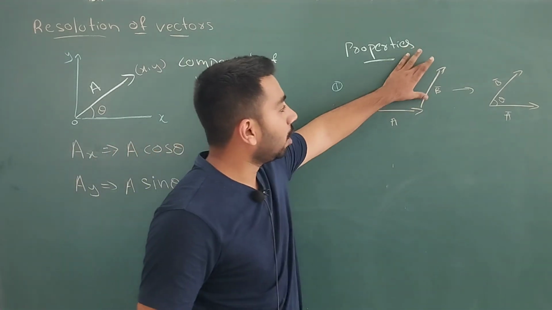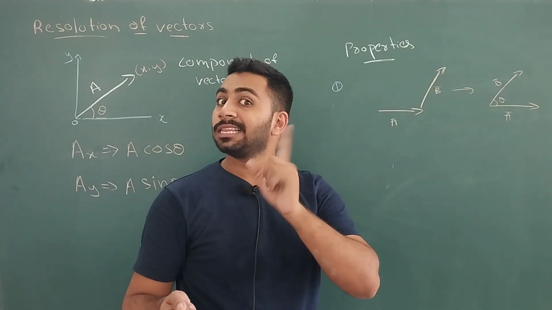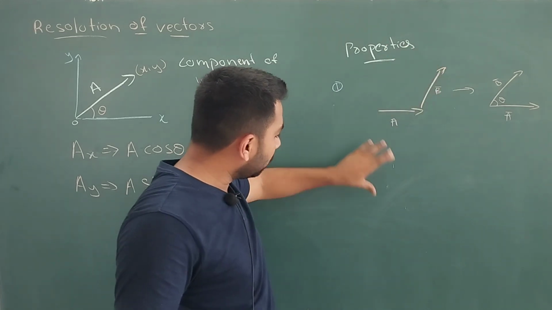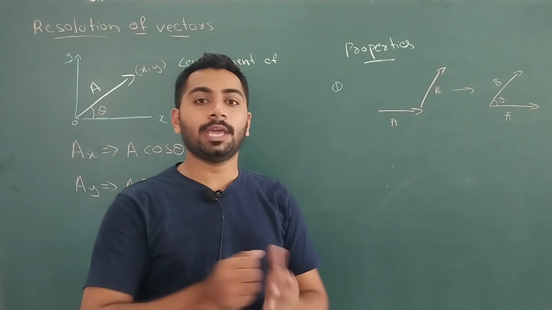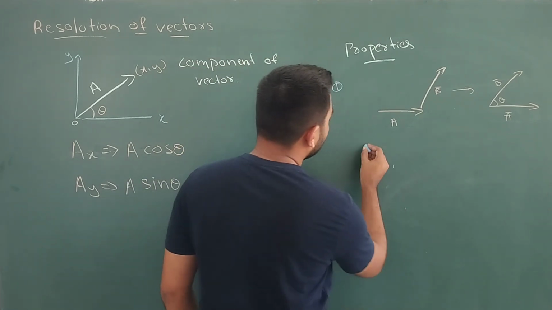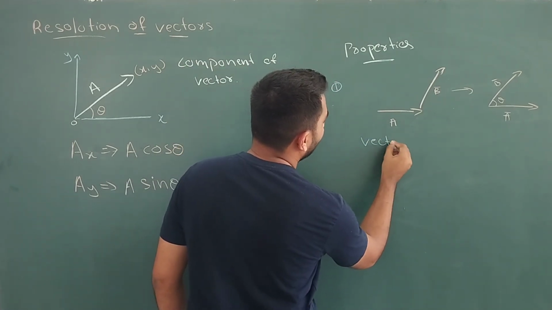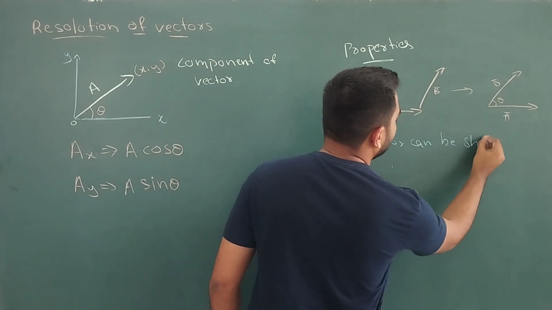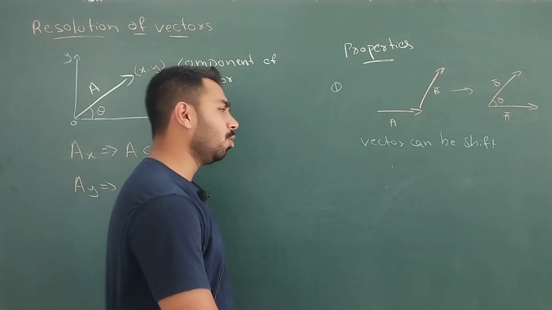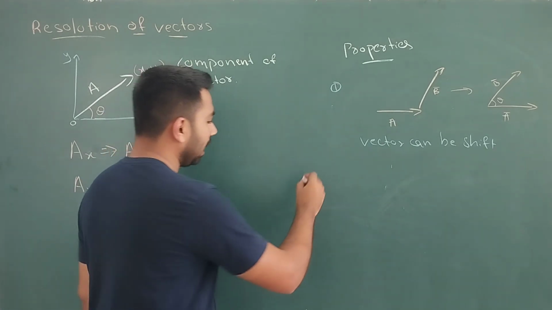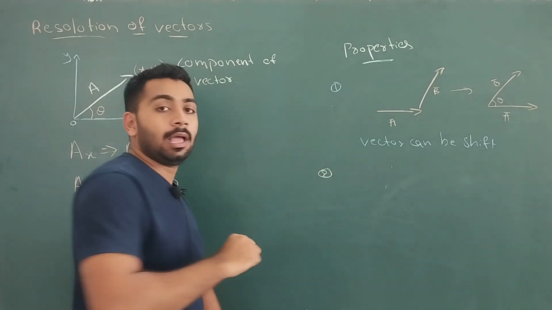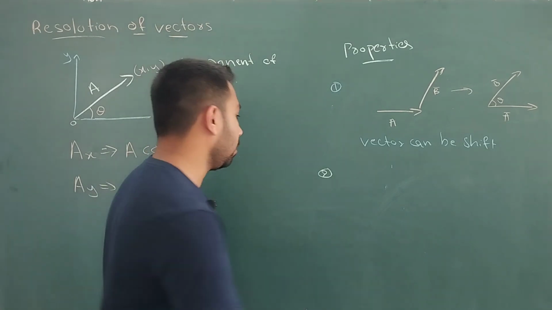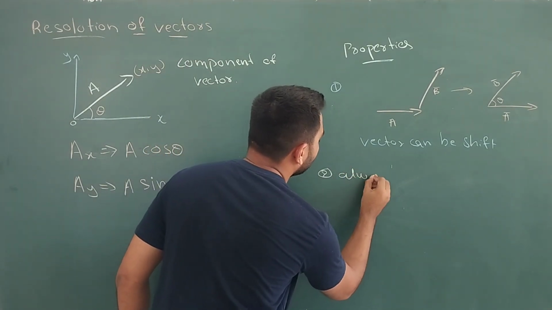Sir, this is a vector. If you want to shift it anywhere, the same orientation must be kept, with no rotating. First point: a vector can be shifted. Now the second one: we always take the shortest angle, the smallest angle, always.